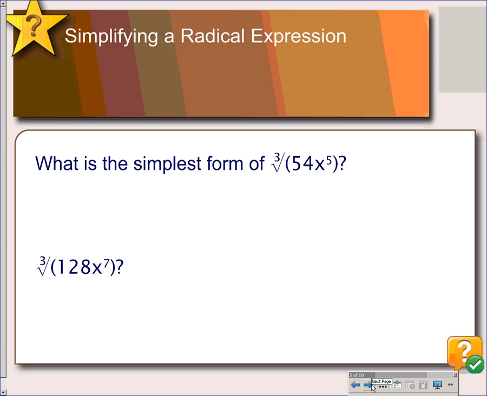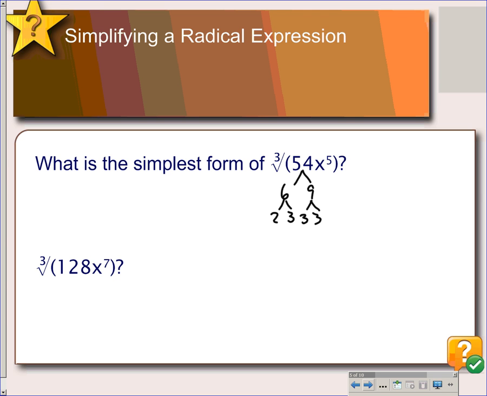Okay, this is where it gets more challenging. If we're trying to simplify the cube root of 54x to the 5th, it doesn't come out to simple whole answers. So we have to factor. We're going to take our 54 and factor it. 54 is 6 times 9. 6 is 2 times 3. 9 is 3 times 3.